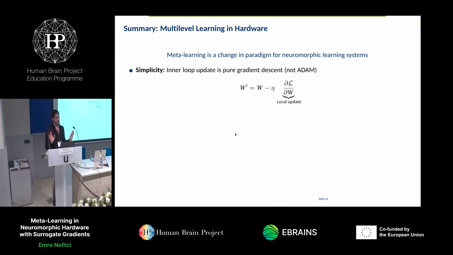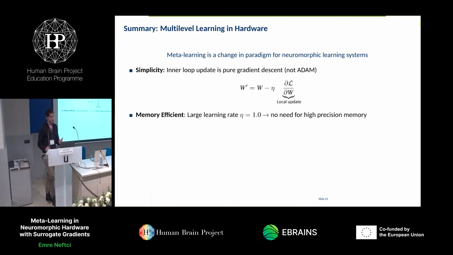There's nothing of that here. The learning rule that you use when you learn to learn, or train to learn, as we say, you only use the simplest gradient descent update, which is very easily implementable in hardware, but also something that you can interpret pretty well from a neuroscience point of view. So there's the idea of simplicity. You can train to learn in a simple fashion.